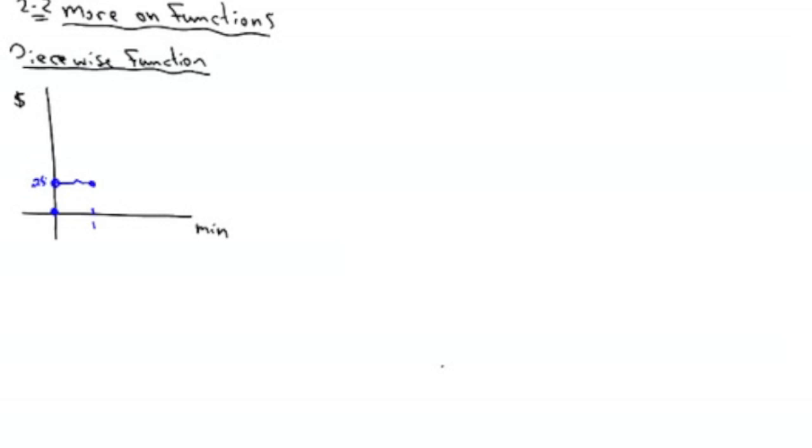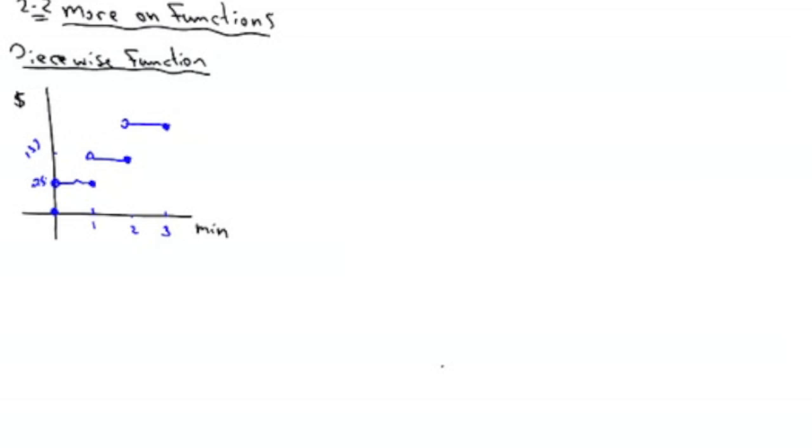So it stops here, and it picks itself up here at 50 cents. And it keeps doing this every minute. It jumps up, and it charges you more money. So no matter what happens, if you talk for 1 minute and 1 second, you're guaranteed to be charged 50 cents, even though you only talk one lousy little second over.